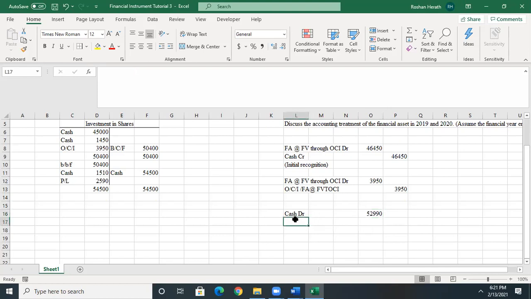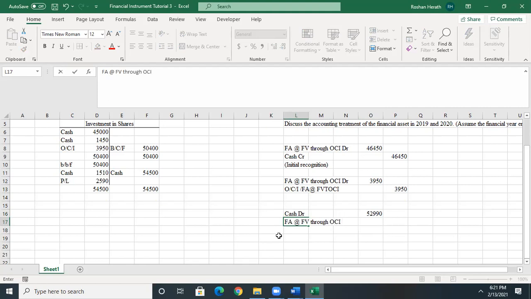And the carrying amount that you would take against that is the investment in shares, the financial asset at fair value through other comprehensive income.